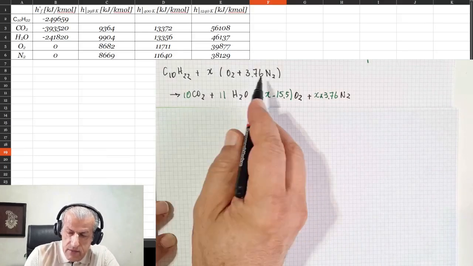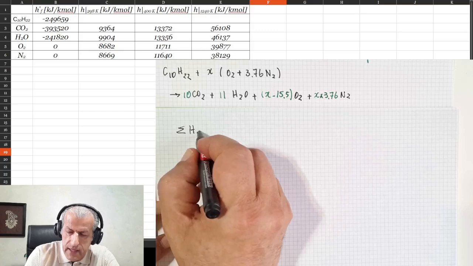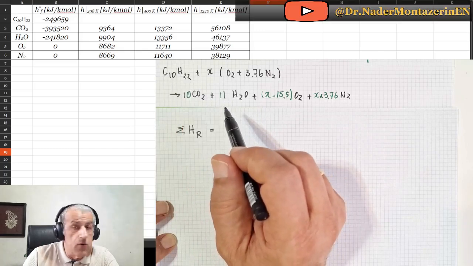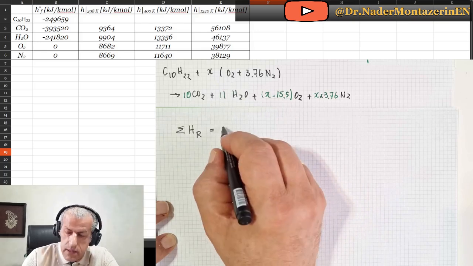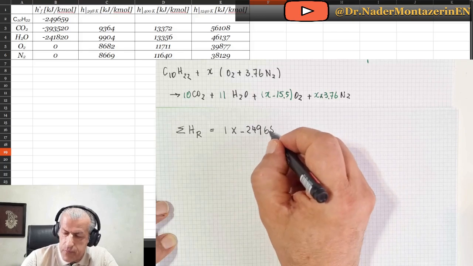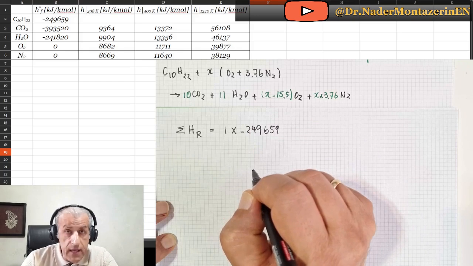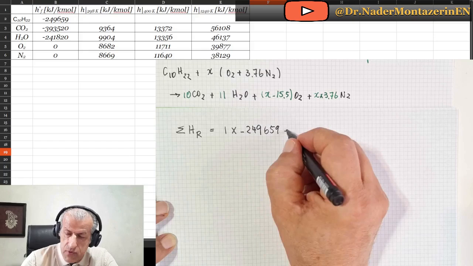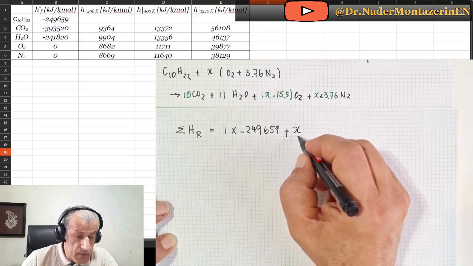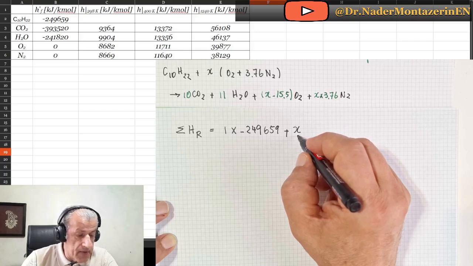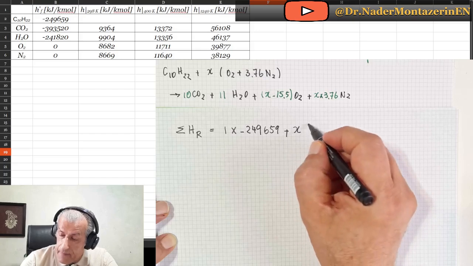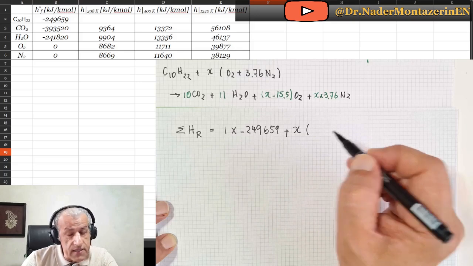As for the reactants, sigma H reactants equals, there is only one mole of C10H22 and its enthalpy is only the enthalpy of formation, so it would be 1 times minus 249,659 per mole of the C10H22, plus, as for the oxygen, X moles of it, enthalpy of formation is 0, but its sensible enthalpy would be X times its enthalpy at 400 minus its enthalpy at 298.